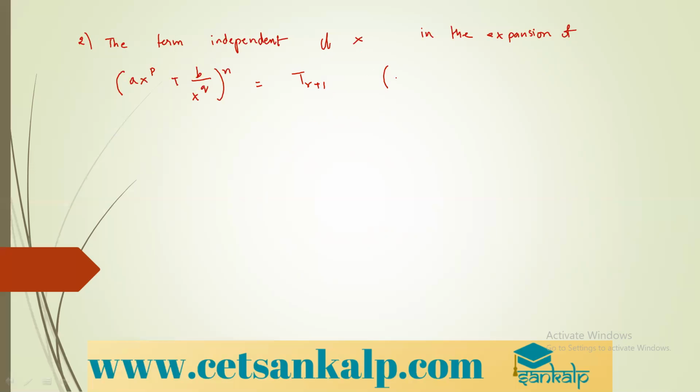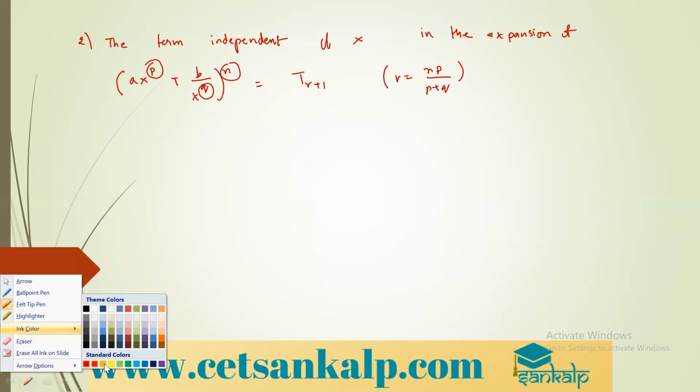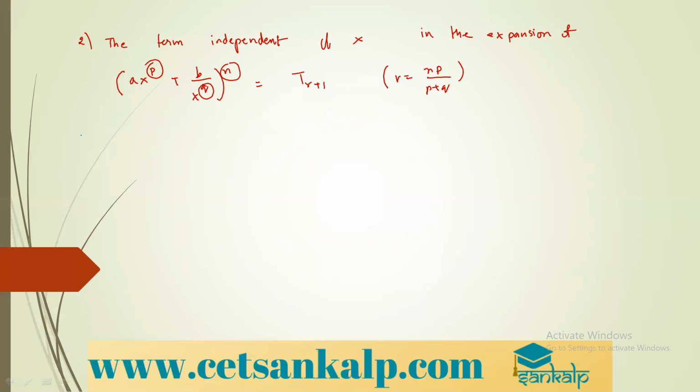And here r is again taken as the formula np/(p+q). So we know what is n, we know what is p, what is q. Nothing is to be found out. Everything will be given.